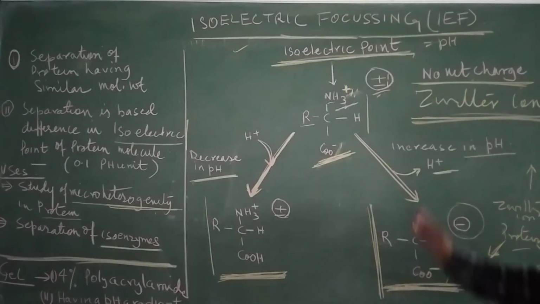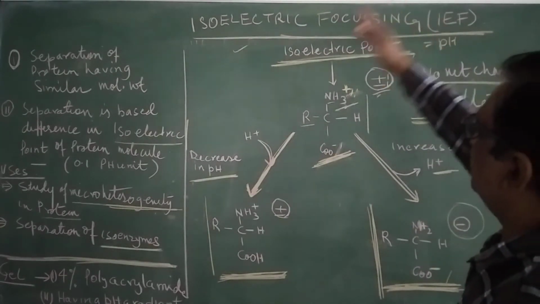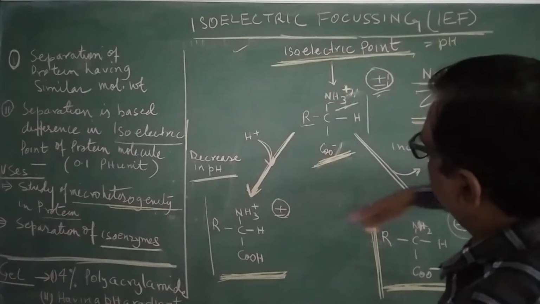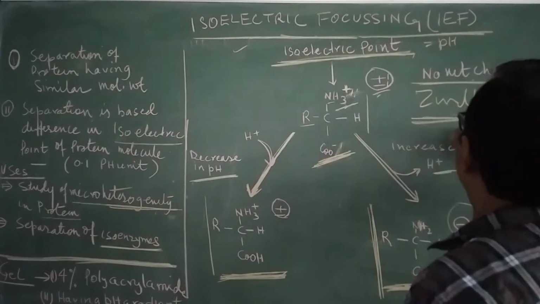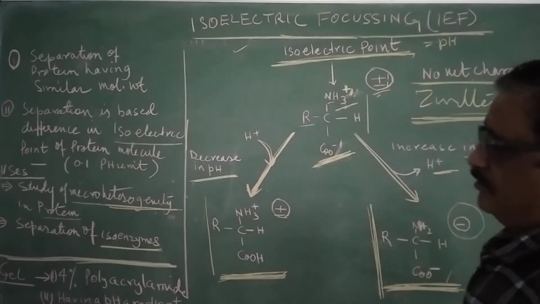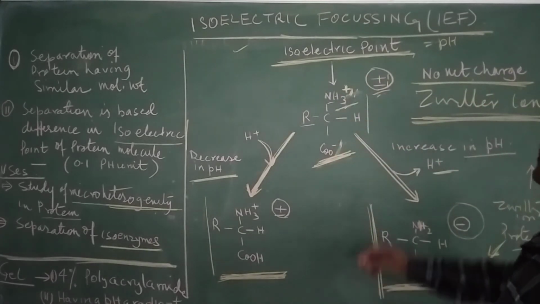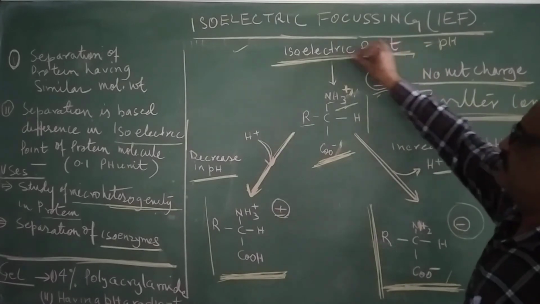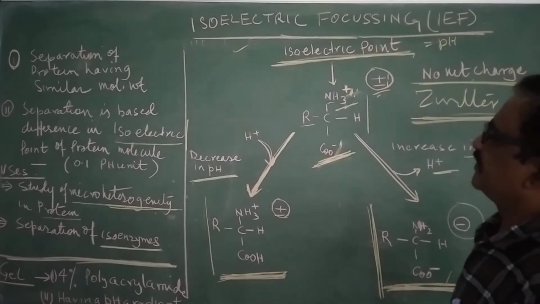So the pH at which the protein or amino acid exists as a Zwitter ion, or contains equal number of positive charge and negative charge, is known as isoelectric point.